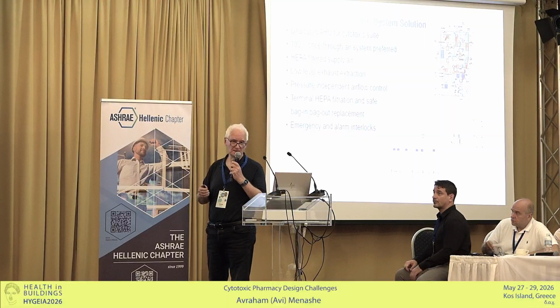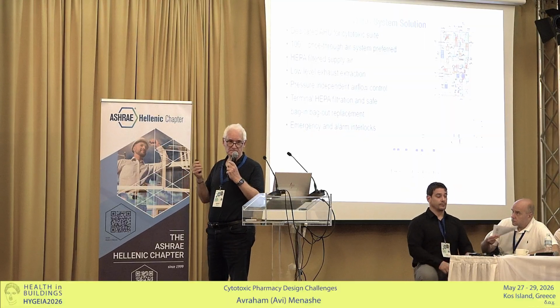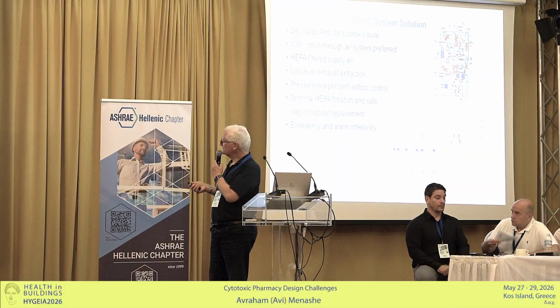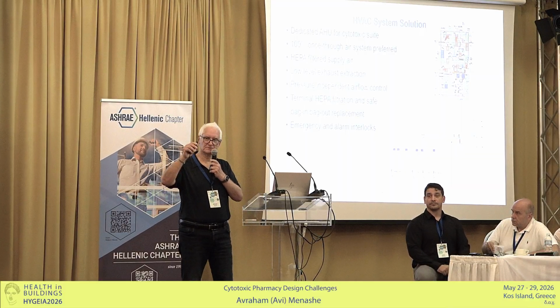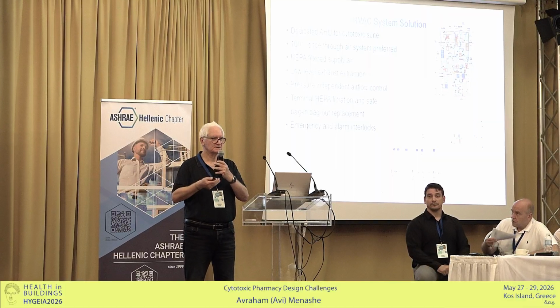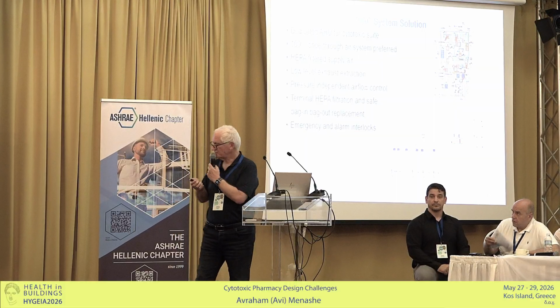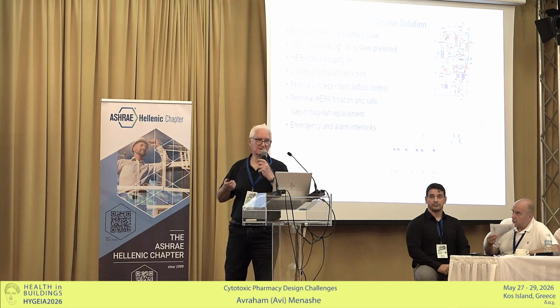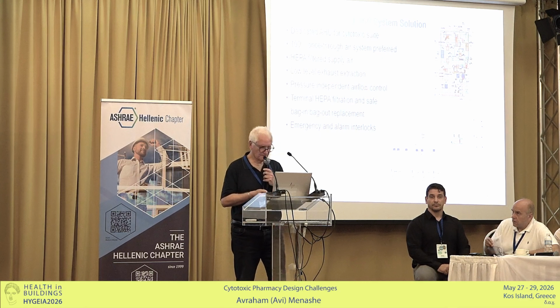We are also using AI technology to make a machine learning model that can understand how the system is running, because once you open the door, the pressure changes. So we have to decide how long you give the system to recover, because you open the door, the pressure changes, and then you have to recover the room. It should be no more than 20 seconds. That's what we are doing.